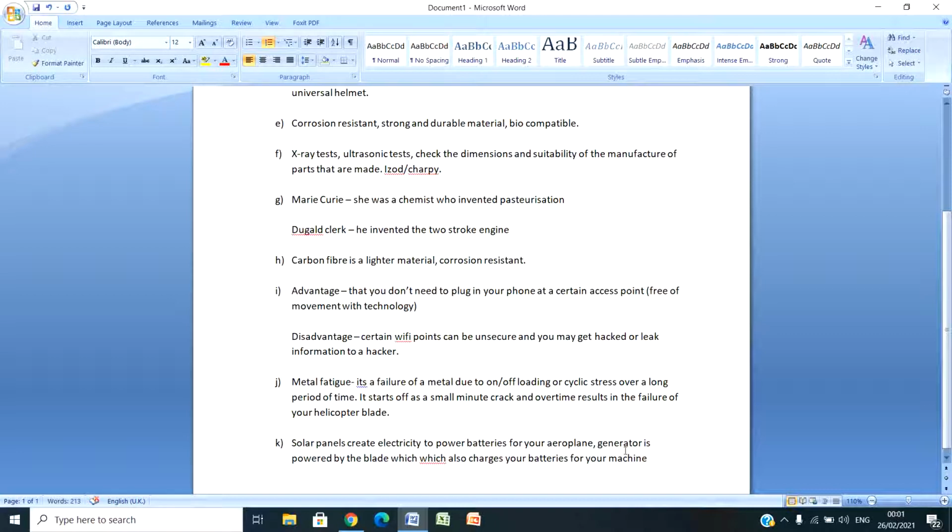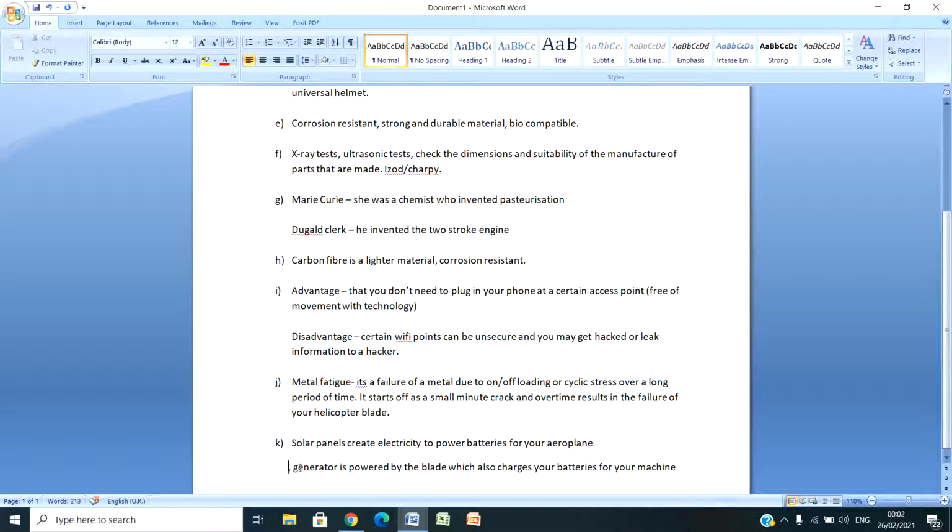Again, this bit here, not necessary to put in, but again, it's up to you. So solar panels create electricity to power the batteries for your aeroplane. Okay, so that would suffice if you wanted. But you can also put in the generator is powered by the blades.